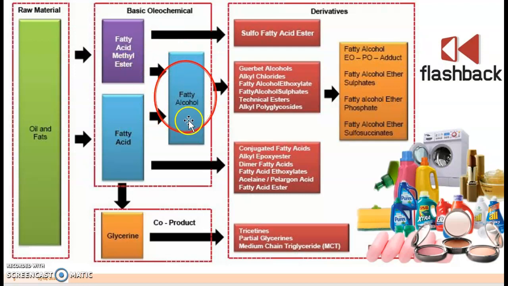After you obtain the fatty alcohol, we can make more products, which we call derivatives here, such as Guerbet alcohol, alkyl chlorides, fatty alcohol ethoxylates, fatty alcohol sulfates, technical ester, and also alkyl polyglycosides. And these products can be further derived into other products depending on their applications.